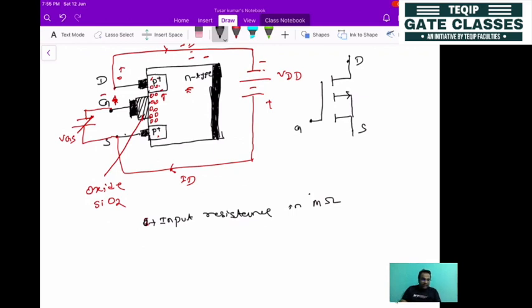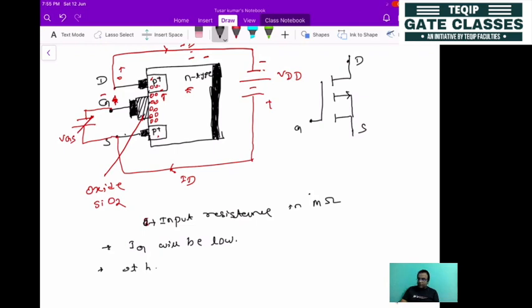Input is the gate circuit, gate to source voltage. Since the input resistance is high, the gate current will be of low value.